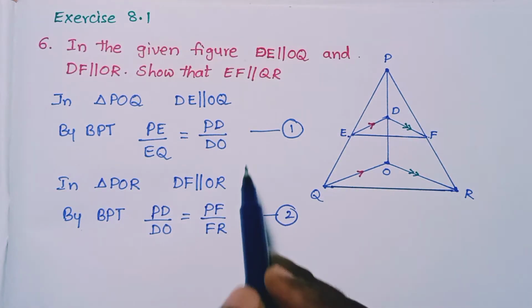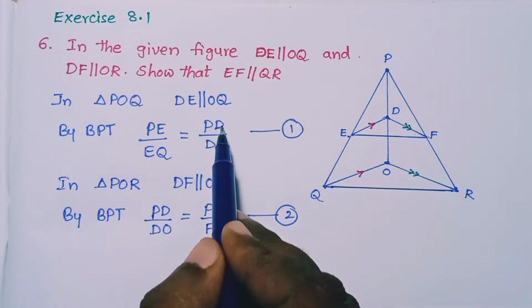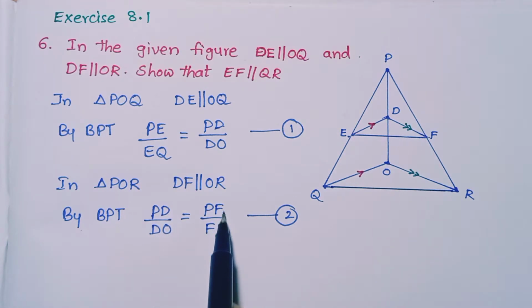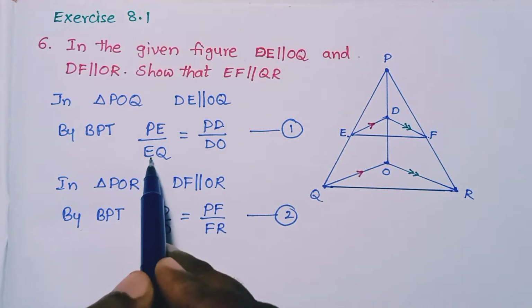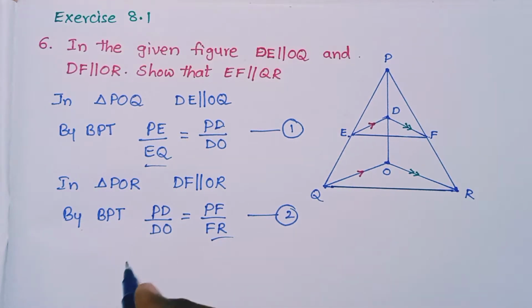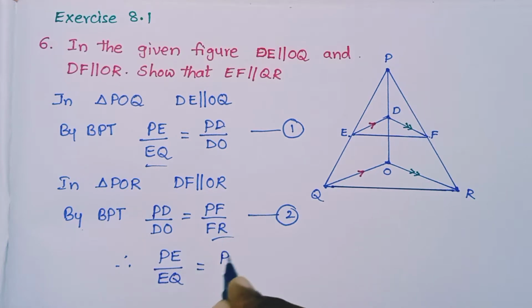In the equation number 1, we received PE by EQ is equal to PD by DO. Here PD by DO is equal to PF by FR. Therefore we can conclude PE by EQ is equal to PF by FR.